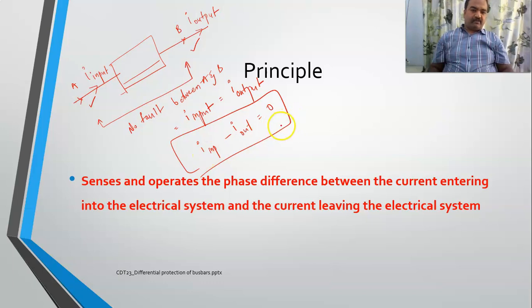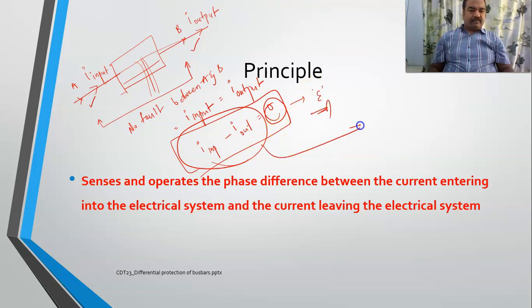If it is not equal to 0, the current is not going to point B but is leaving somewhere else, which means there is a fault between A and B. So the differential relay always measures the difference between the input and output current, and if it is greater than 0 or a pre-specified value, then automatically it will provide a signal to the circuit breaker.